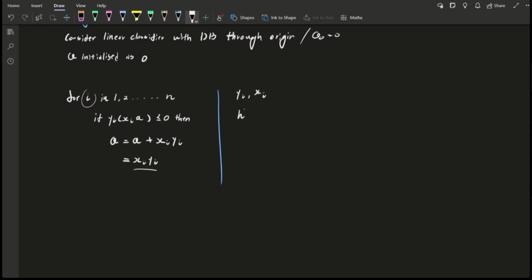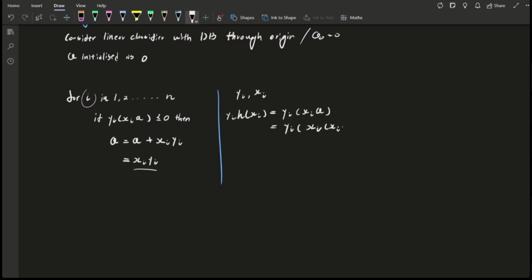The classifier output multiplied by the ground truth will be yi multiplied by xi theta, and your theta has just been updated to yi xi.